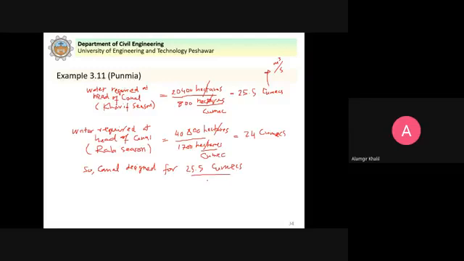Now, actually, the canal should be designed to carry the peak discharge, because the values that we are assuming are average values. So we have calculated this 25.5, the average discharge based on the average duty figures given here.